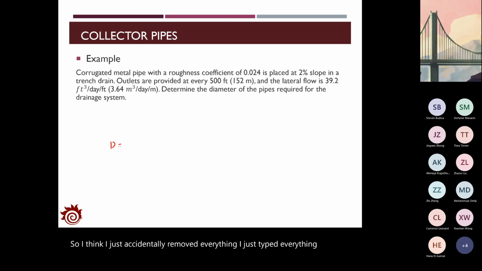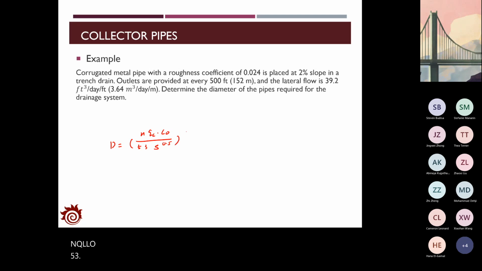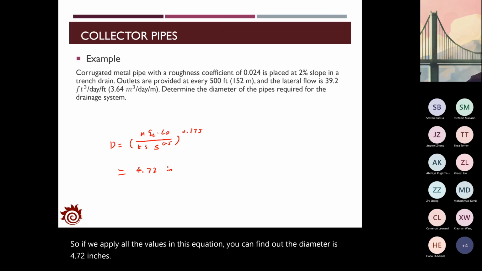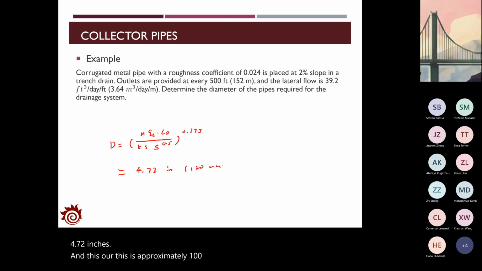So for the calculation, D equals n Q_L L0 over 53 S to the 0.5. If we apply all the values in this equation, you can find the diameter is 4.72 inches. And this is approximately 120 millimeters.